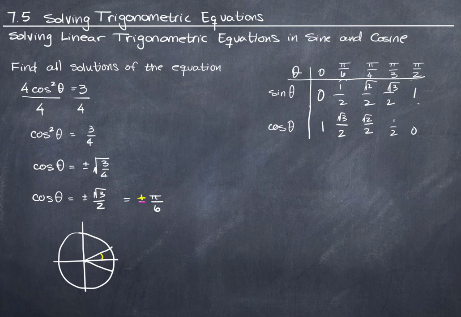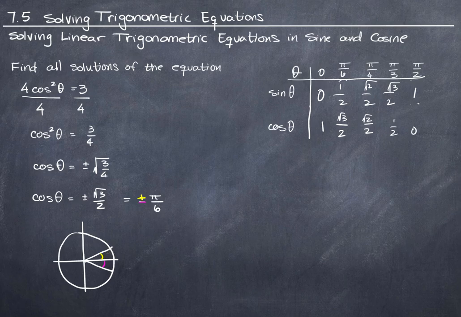We'll make that one pink. Those are two of our solutions. Certainly the cosine of this angle is either positive or negative √3/2. And the cosine of this angle here is either positive or negative √3/2. But starting here, I can go around again and find another angle whose cosine is positive √3/2.